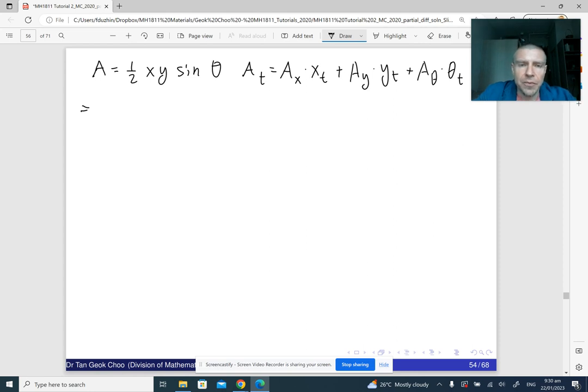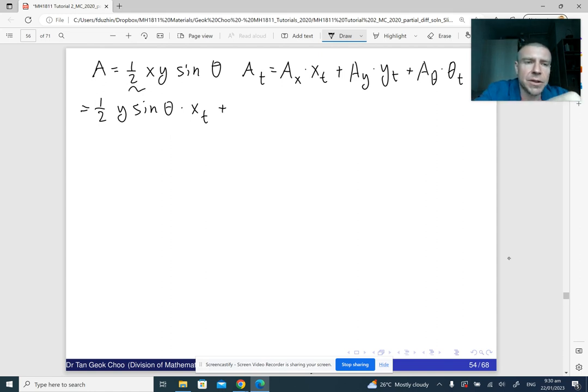All right, so now what is the derivative of A with respect to x? So we just need to differentiate our expression with respect to x. So this is our expression. Its derivative with respect to x is just 1/2 y sine theta times x_t, plus A_y.